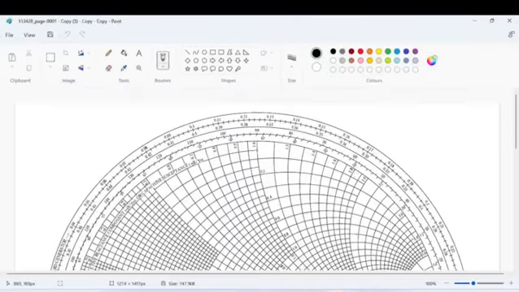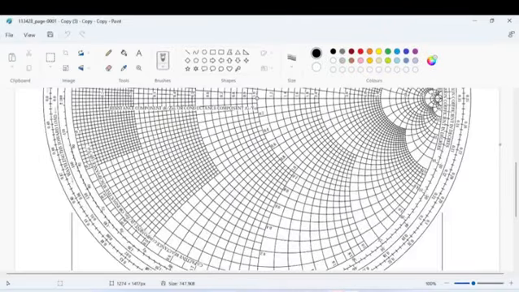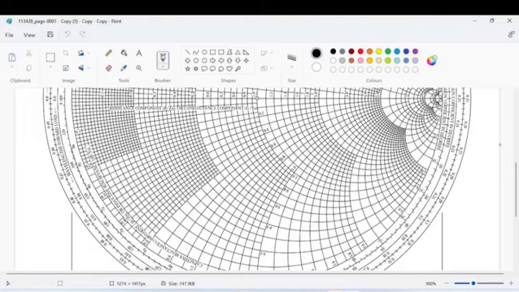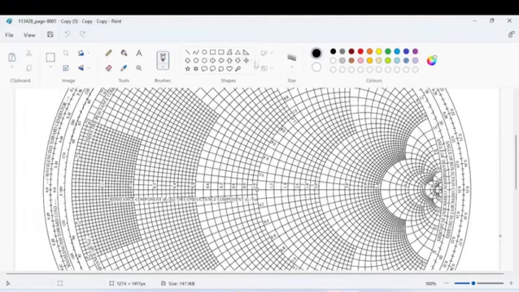So what is the first step? Small zr is 1.5 minus j2. Where is the value 1.5? This is 1.5. Since the imaginary part is negative, you have to look down from the real axis. Minus 2 is here.